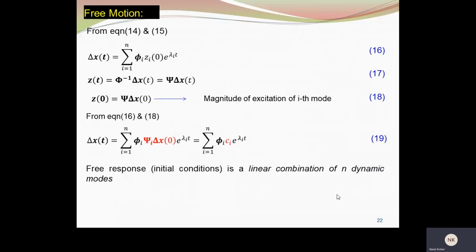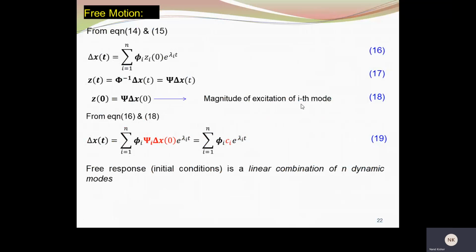From equations 14 and 15, we can further modify to equation 16 here, and then we can write it in terms of equation 17. This is the z naught, the initial one, so it will be the magnitude of excitation of the ith mode here.